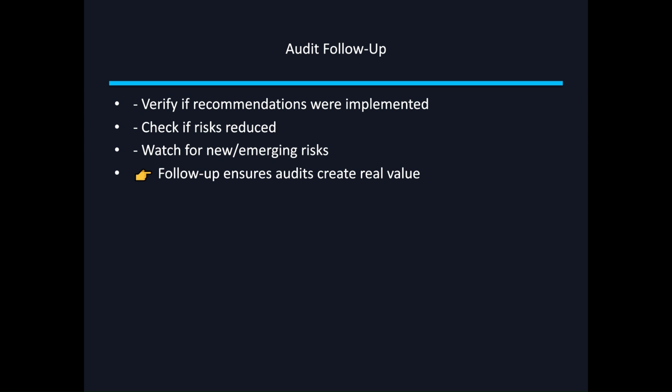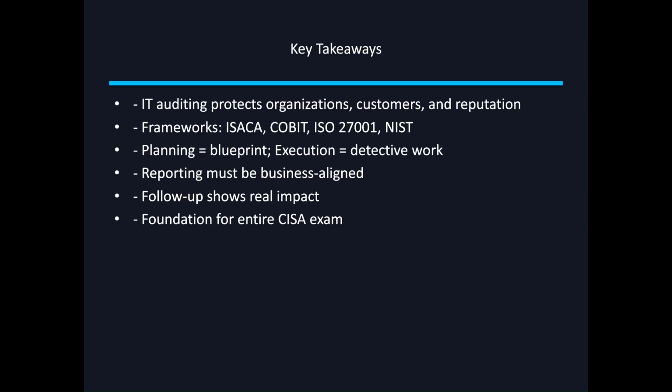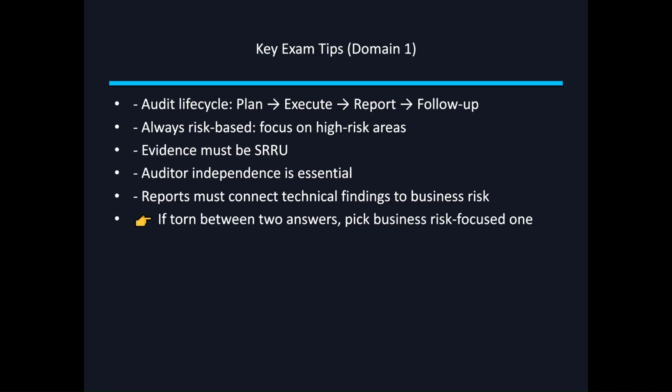Okay, so moving on. I think we are quite done. Some exam tips and key takeaways before we wrap up. The audit life cycle goes from plan to execute to report to follow up. Always link findings to business objectives.